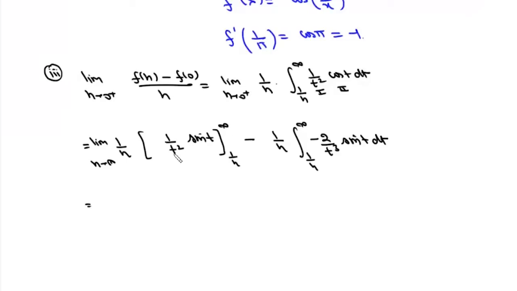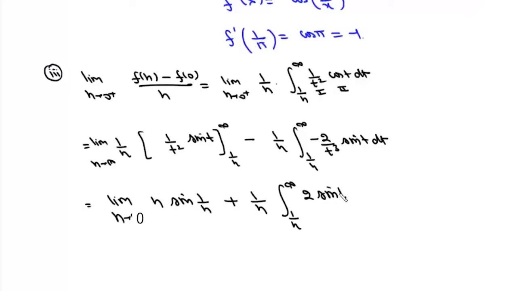Now if we put t as infinity, it will be 1 upon infinity and an oscillating value between minus 1 and 1, so it will be 0. So here we can write this as limit, and it will be h sin(1 upon h), and we can write this as 1 upon h, and then this integral from 1 by h to infinity of 2 sin t upon t cube dt. And this is actually h tends to 0 positive. Now if h is 0, it will be 0 into sin infinity, which is an oscillating value between minus 1 and 1.